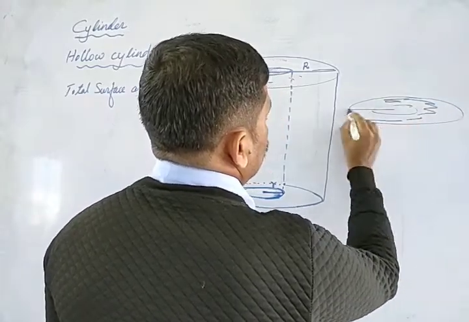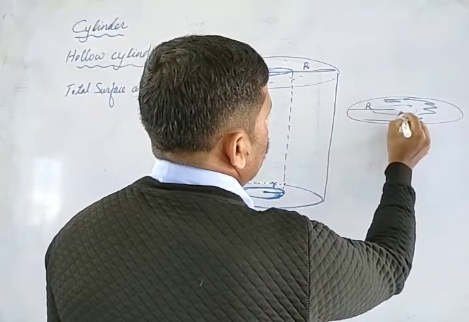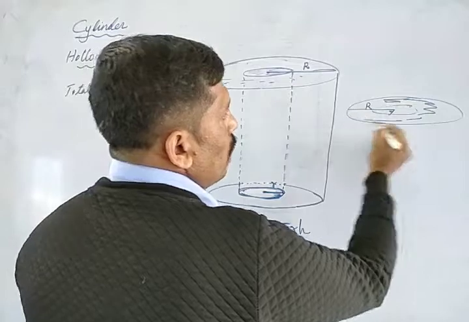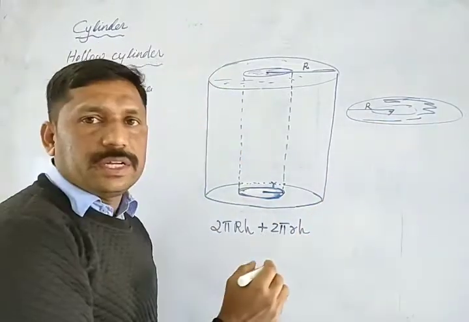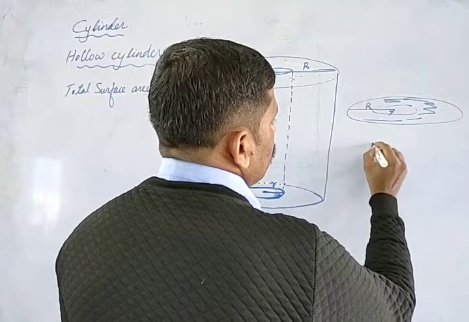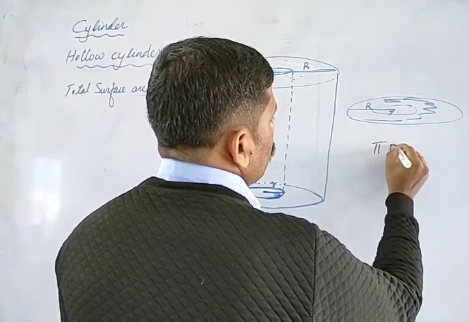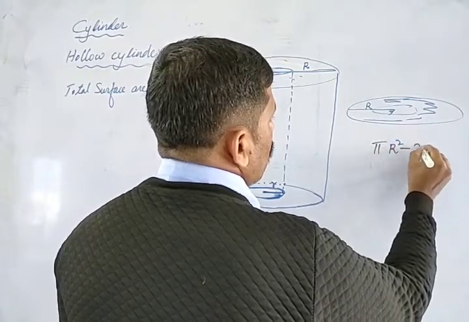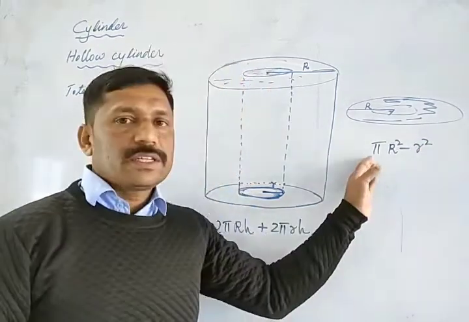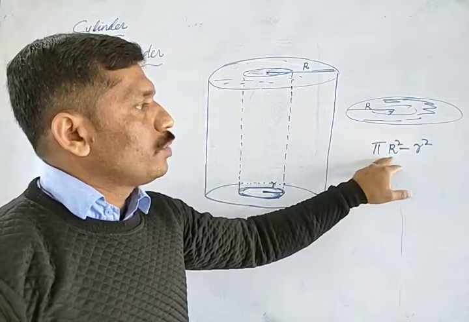That means the bigger R and this is the smaller r. From the area of the outer circle, we subtract the area of the inner circle. That means it is pi R square minus pi r square.